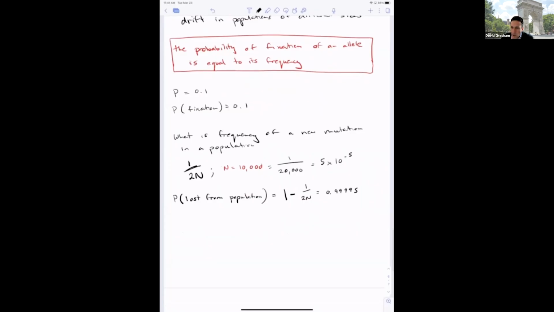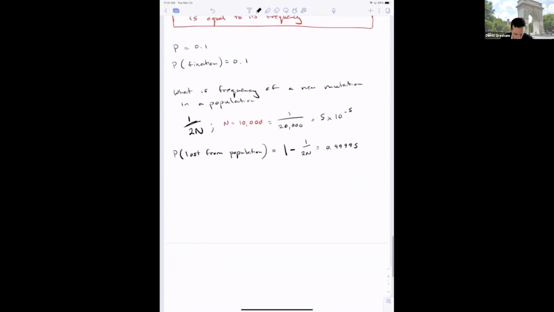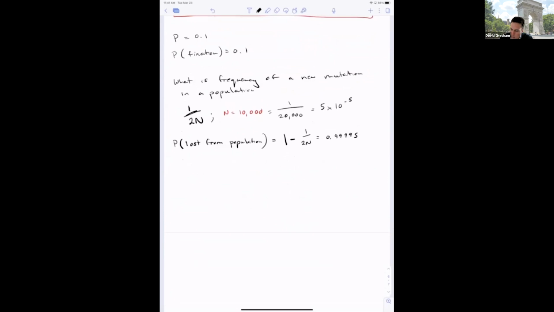There is some small probability that ultimately it will become fixed in the population. And this is going to be important when we start thinking about long evolutionary times and sequence divergence between humans and closely related species, and looking at fixed differences between those two species.